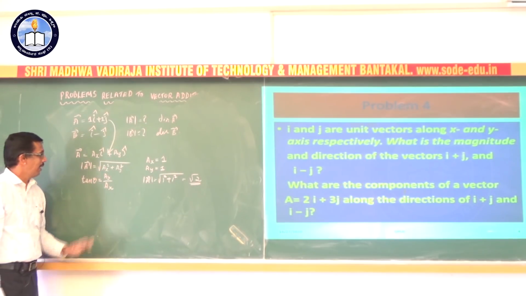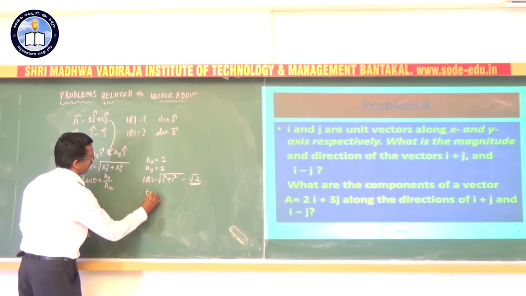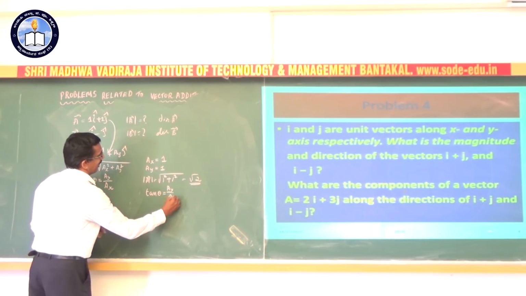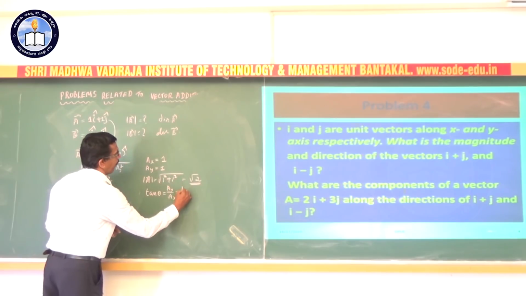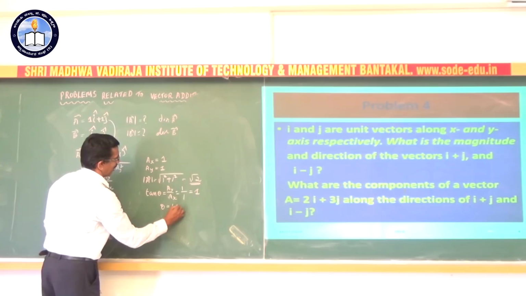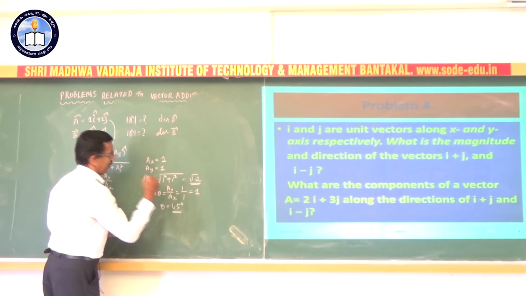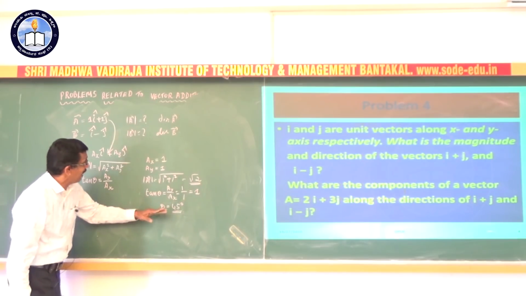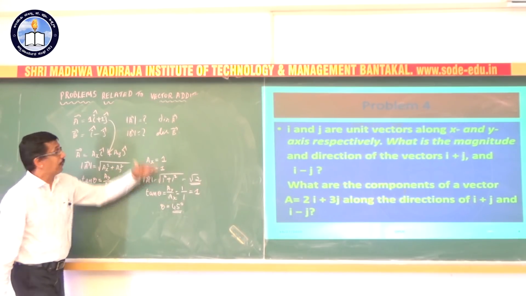Magnitude is over. Now tan theta is nothing but Ay by Ax, that is 1 by 1, so theta is equal to 45 degree. Here theta is the angle with respect to x axis.